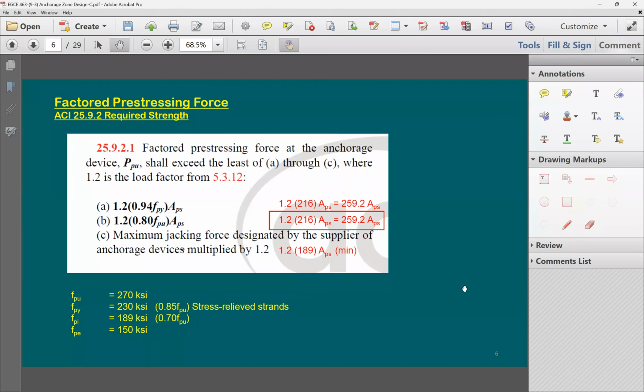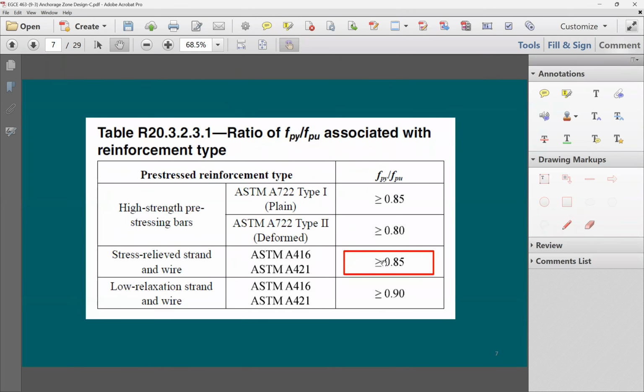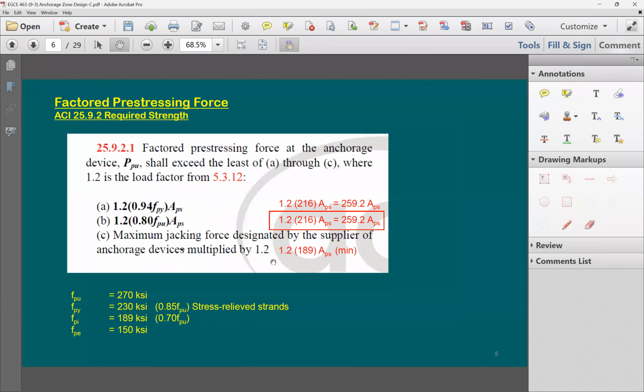The reason they give more than one equation is because in some cases, FPY divided by FPU can be 80% or maybe 90%. So in this case here, it says times FPY. In this case, it's going to be times FPU. It just happened that when I'm using 85%, I end up with the same equation.